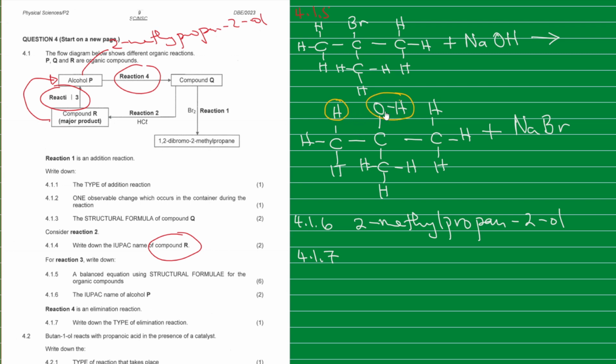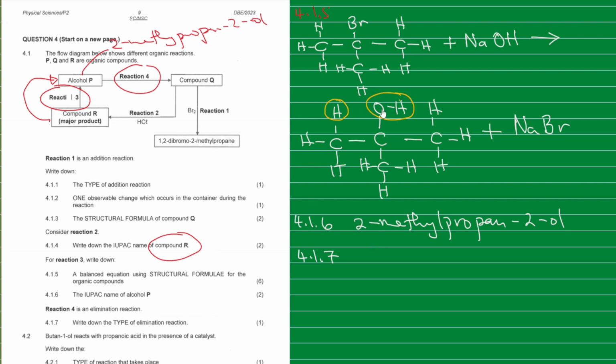So we will eliminate the hydroxyl and we eliminate the hydrogen. So we'll be back to our compound where we've got a double bond there, our methyl propene that we got earlier. Since we are told it's an elimination, what is the type of elimination we have here?